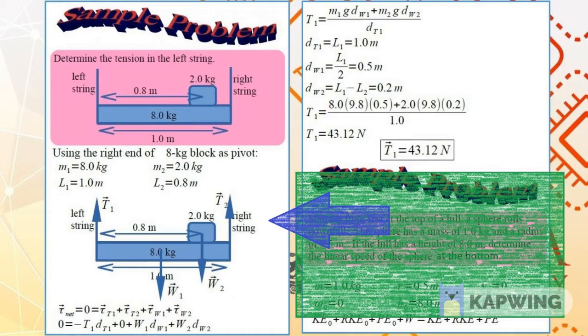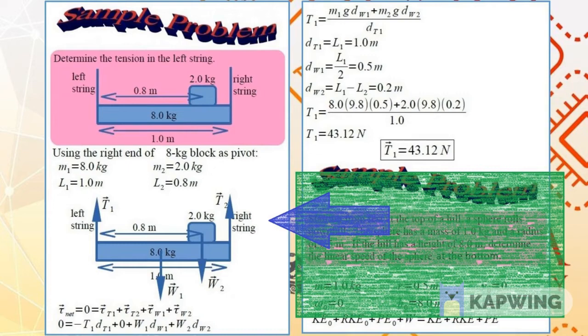Applying the definition of force and its lever arm, you will recall torque is equal to force multiplied by its lever arm, plus if in the positive direction, minus if in the negative direction.